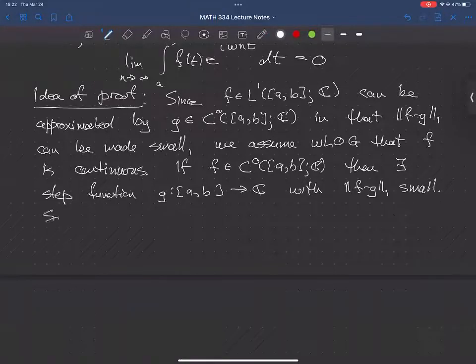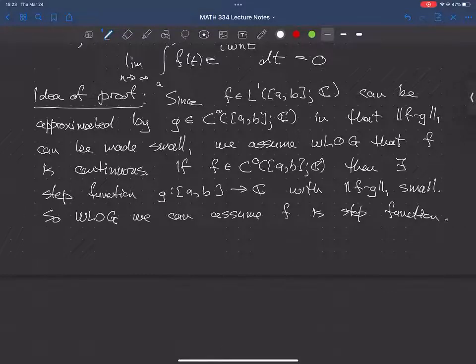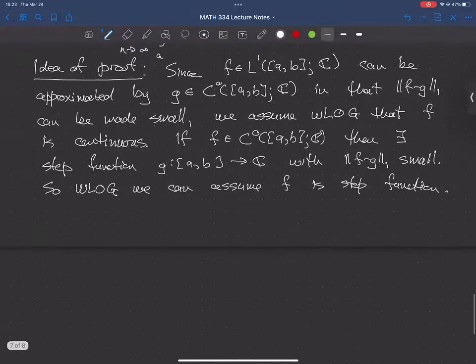Okay, so we can assume that f is a step function. All right, so now if f is a step function, what does that mean?